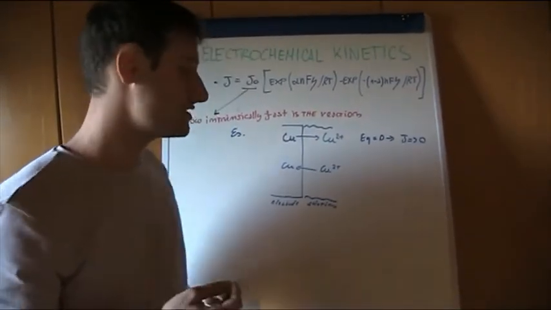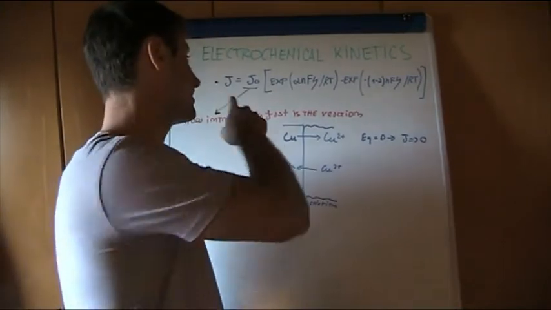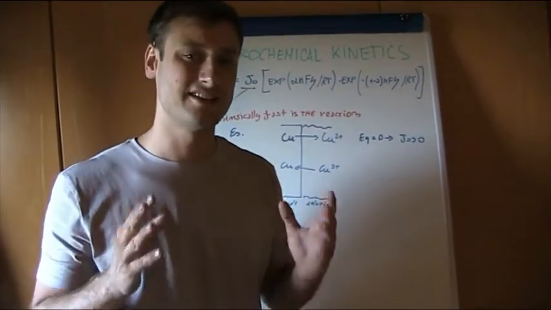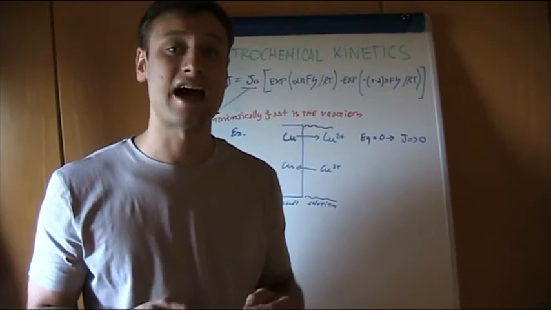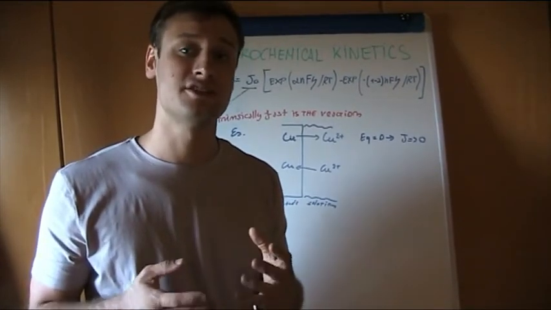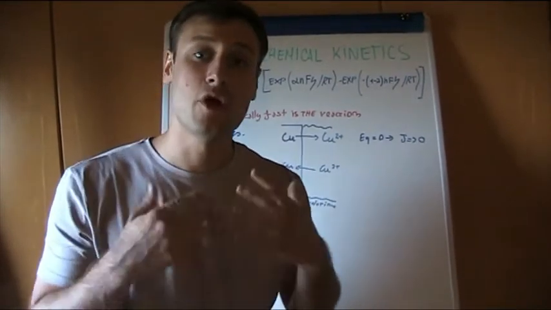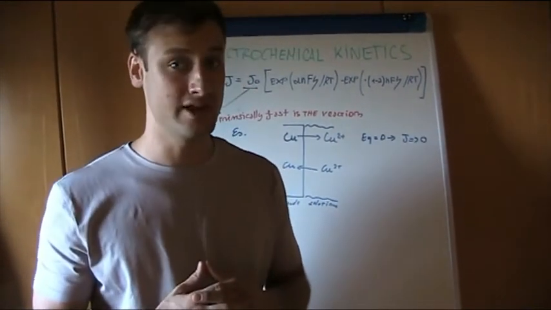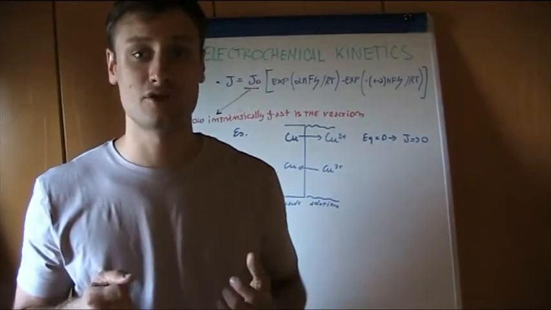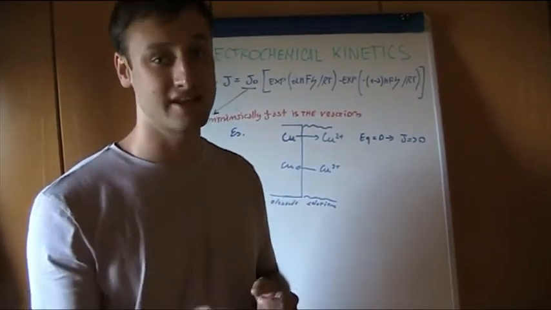We can have different behavior that is quantified in terms of exchange current. What does it mean? That the exchange current tells us how intrinsically fast the reaction is. It tells us how strongly, when we are moving away from the equilibrium, the cathodic or the anodic current can sharply increase.